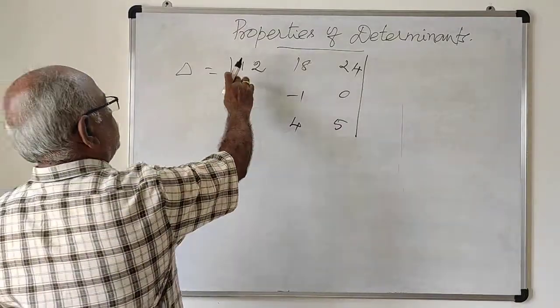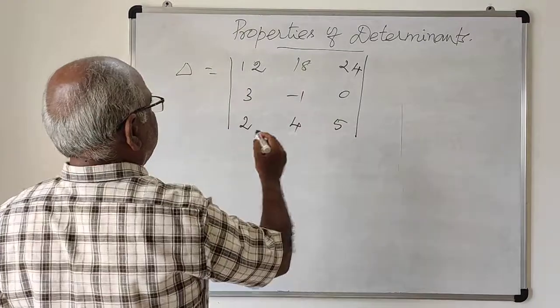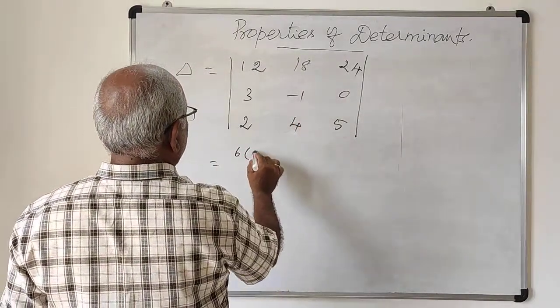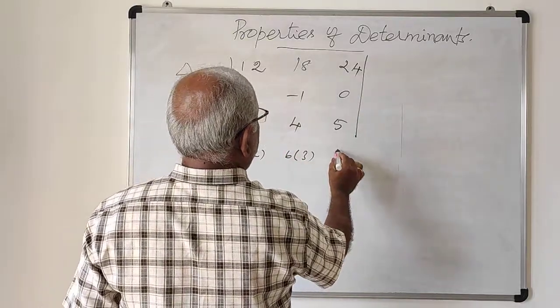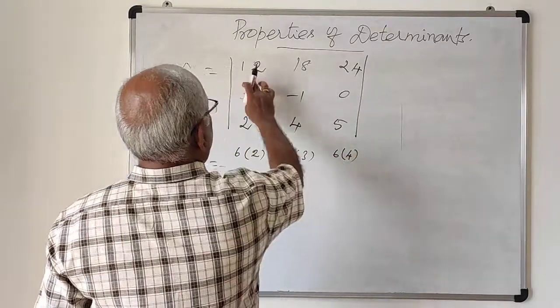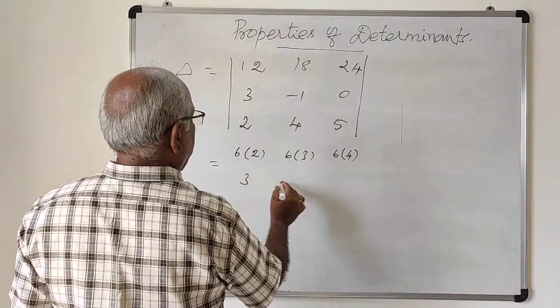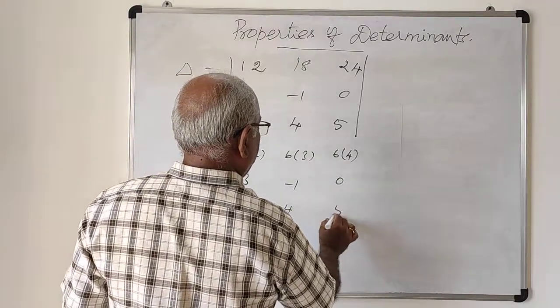The first row elements are multiplied by a constant 6, I can say. That is equal to 6 into 2, 6 into 3, 6 into 4. 6 2s are 12, 6 3s are 18, 6 4s are 24. And 3, minus 1, 0, 2, 4, 5.